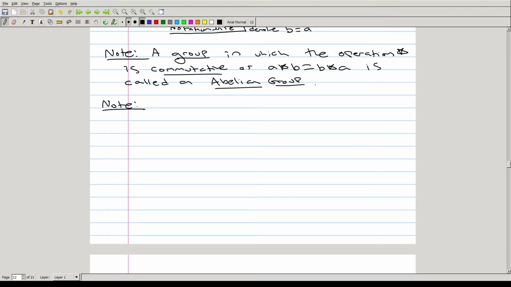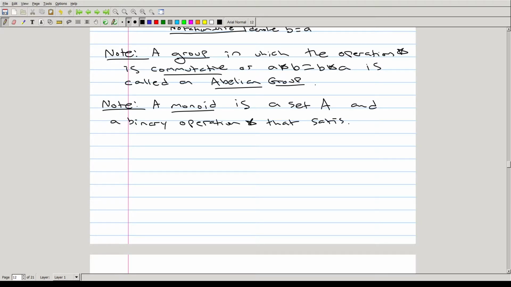Another note here. You see that a monoid is a set A and a binary operation star that satisfies one and two above, but not 3.